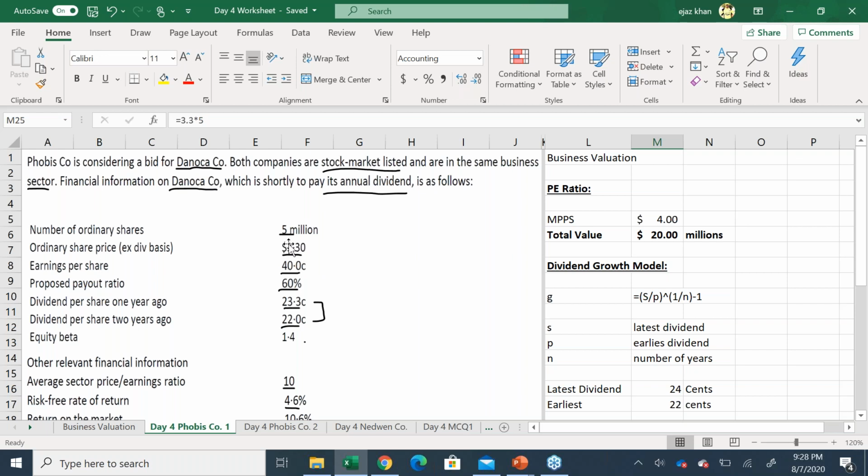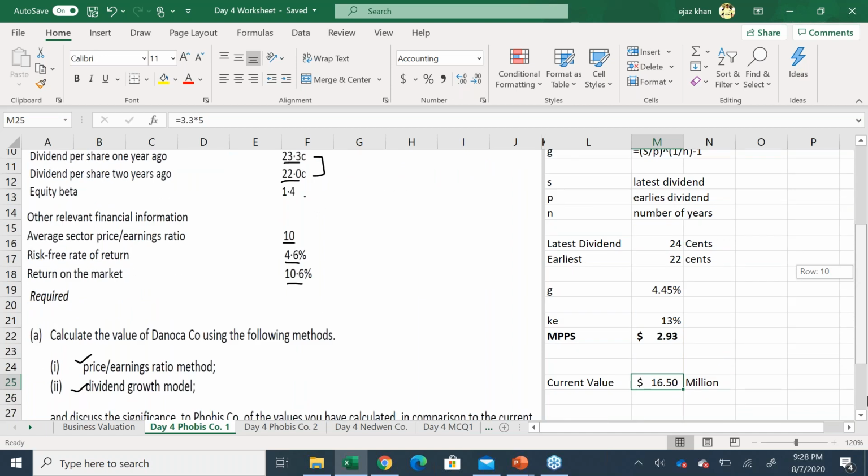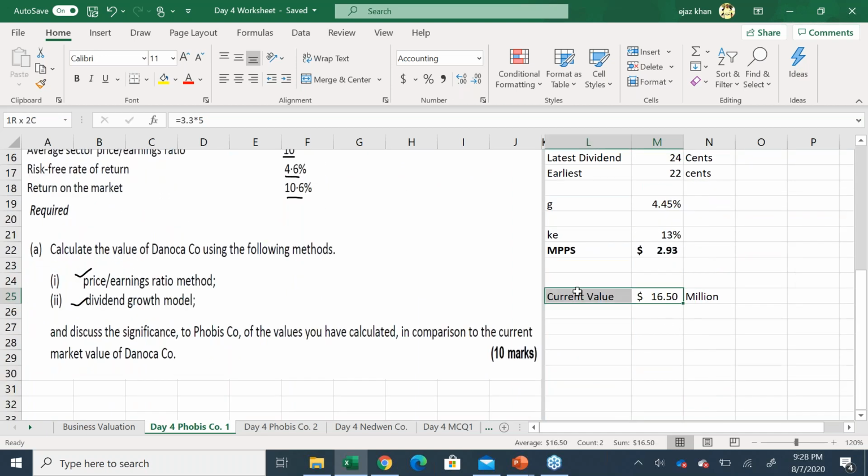There will be a transfer of control. Okay. Now, 6.5 million. This is the minimum that the owners of the Denoka company will be willing to sell the company for. But this is not the value that they will be expecting from Forbes company. So it goes without saying that this value should not be used.